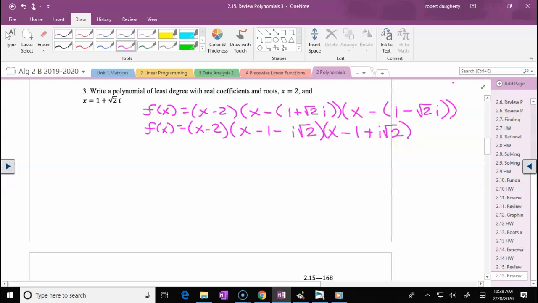So I need to multiply x minus 1 minus i root 2 times x minus 1 plus i root 2.